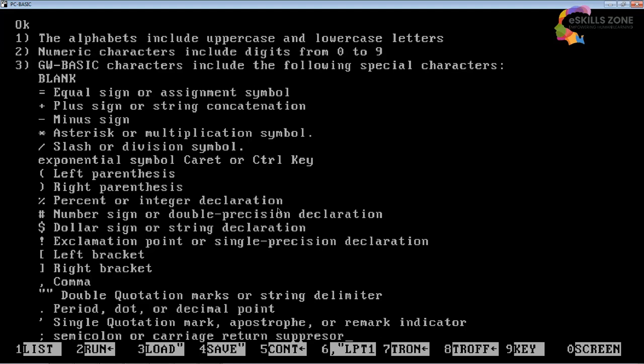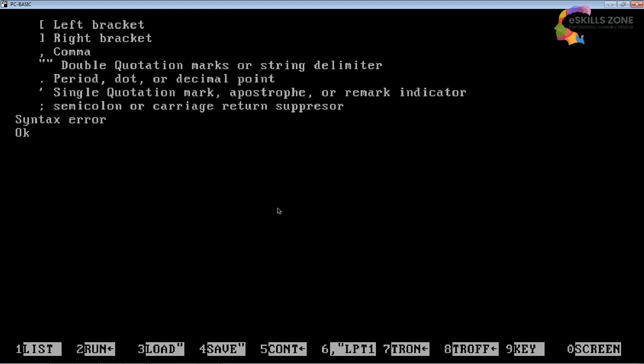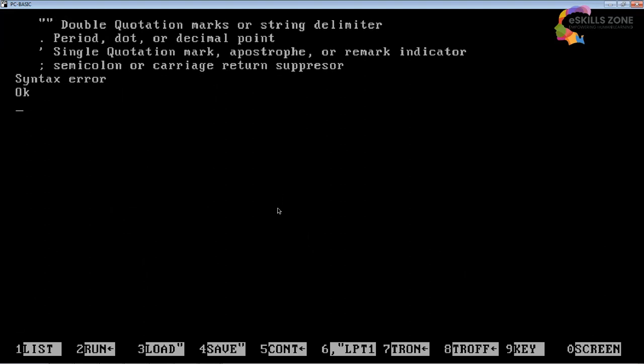We'll discuss later on what carriage return suppressor means. So viewers, we will go down and write more characters. Like the next one is colon. It's a very important special character, or line statement delimiter.